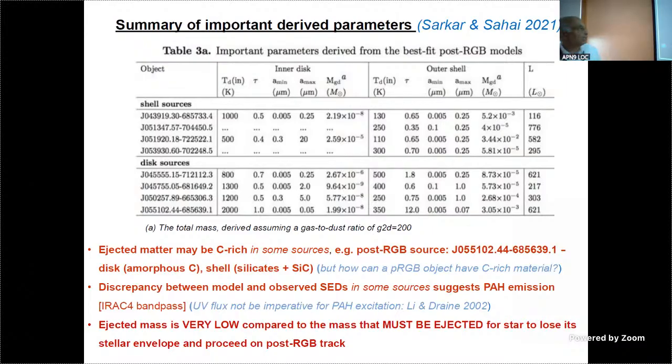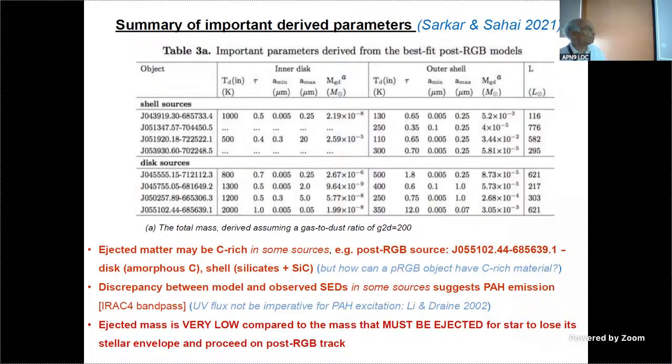So other important results are that the ejected matter in some sources we found is carbon rich. That is very surprising because on the RGB you don't have the nucleosynthesis necessary to produce excess carbon. So it's a question: how do you get carbon-rich objects? For at least a couple of objects, in order to model the SED best, we need amorphous carbon in the disk, and in the shell we need silicates plus silicon carbide.